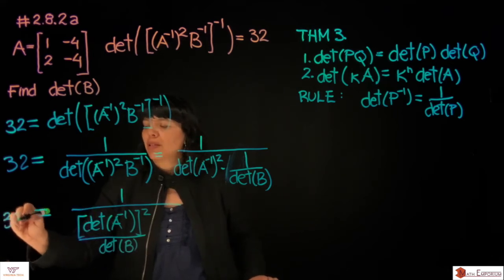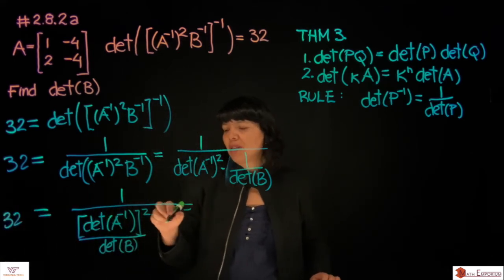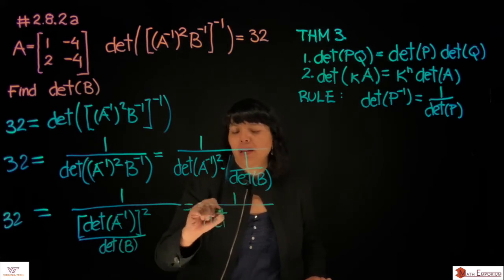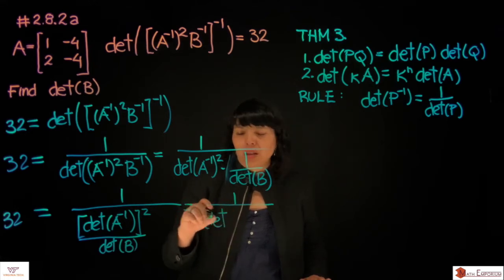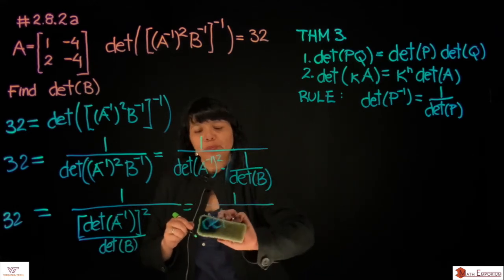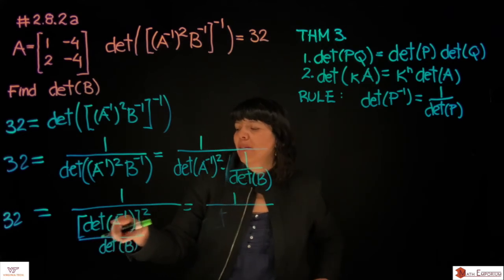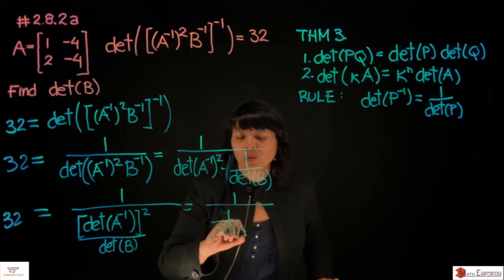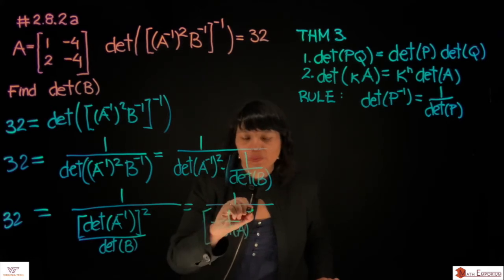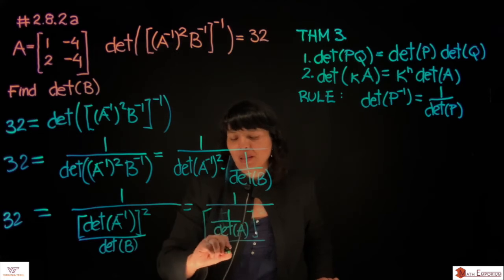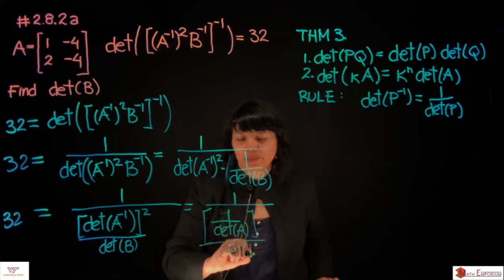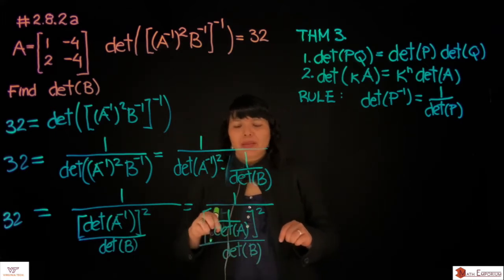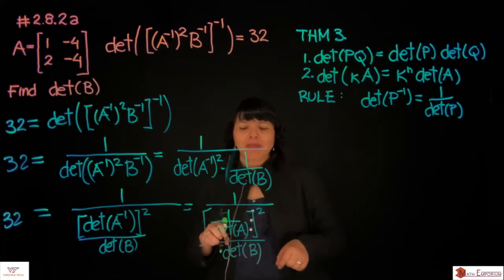This is still 32. And my last simplification: 1 over the determinant of A inverse will be 1 over the determinant of A. This quantity is squared, and this one is divided by the determinant of B. Okay, so all of this can be simplified, right?